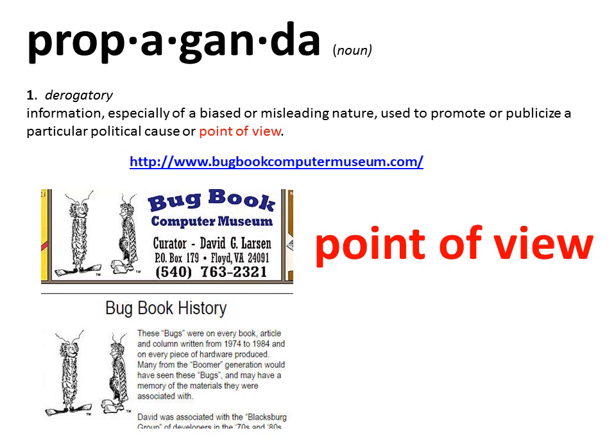The point of view is that given by the owner of the contents of the Bug Book Computer Museum in Floyd County. I show here on the left a screen capture of the very top of the home page.